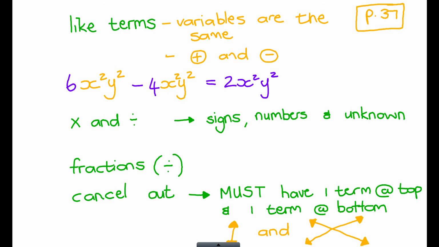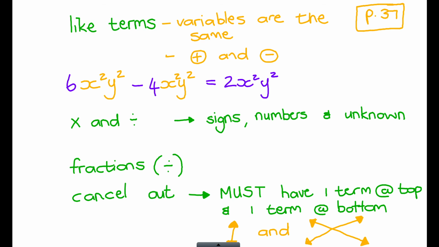Right, now, when does it actually change? It only changes, the variables, no? When do the variables change? It only changes when we multiply and divide. Okay? Let's use an example.